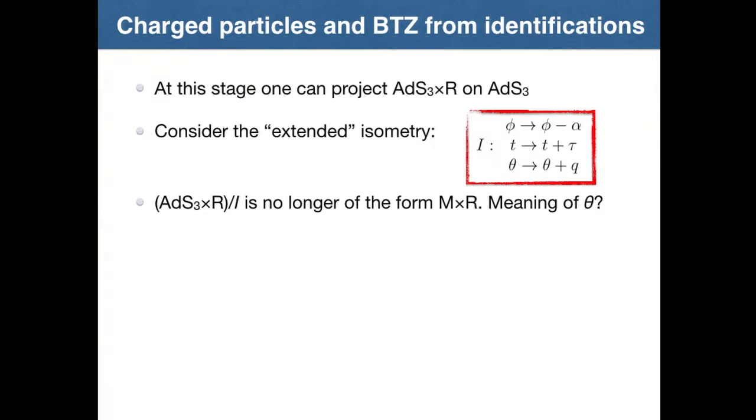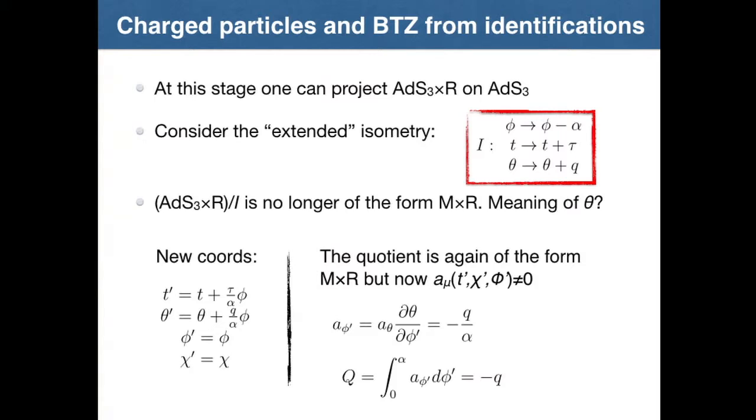And the form of the isometry is just a shift, so it's very similar to what we have done before to build the conical particle or the black hole. And the only difference is that after I perform this isometry, essentially the quotient that I obtain is no longer of this factorized form. So I cannot say trivially that I throw away the R coordinate. And so the meaning of theta is a bit doubtful.